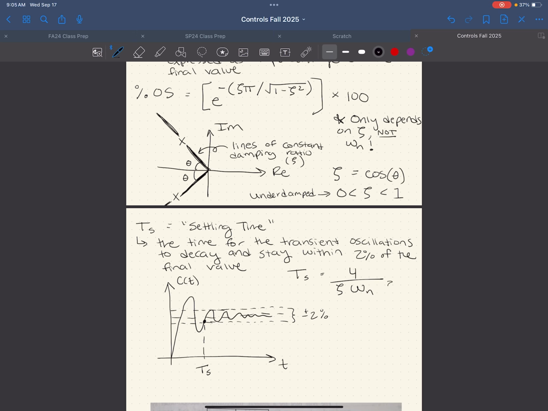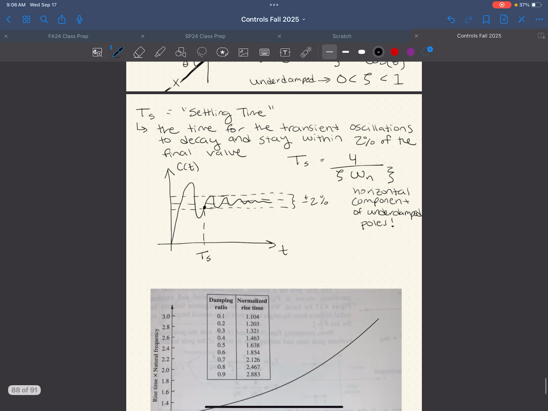What's interesting here is that this denominator sets the horizontal component of the poles. That's that horizontal component.